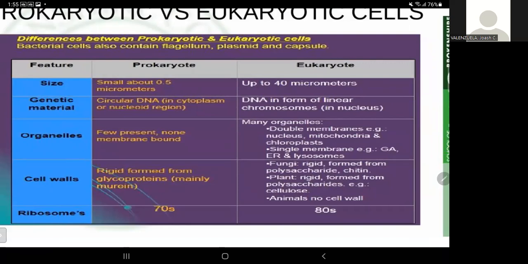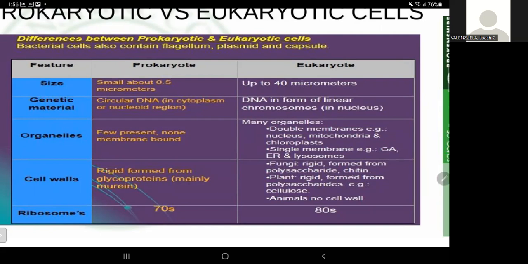And for organelles, many organelles are found in eukaryotic cells. For the cell wall, it is rigid, formed from glycoproteins for prokaryotes, while for eukaryotic it is also rigid but formed by other compositions.